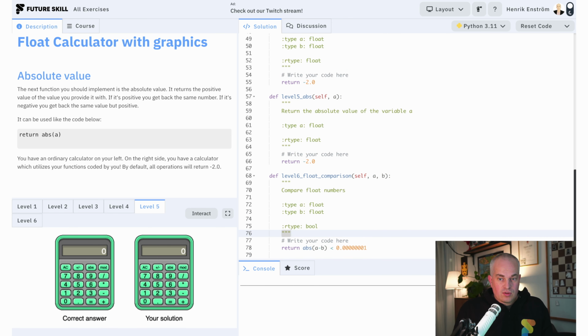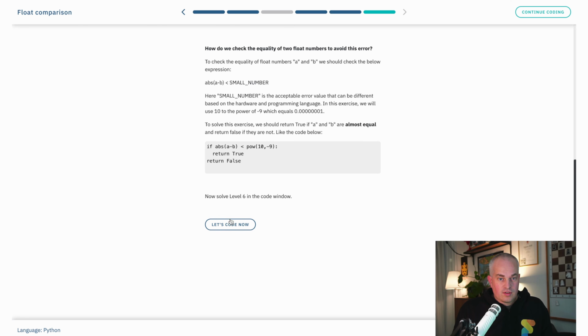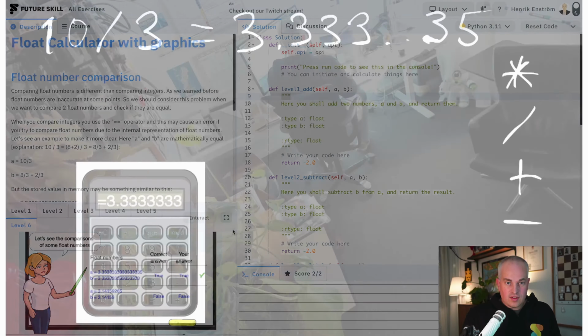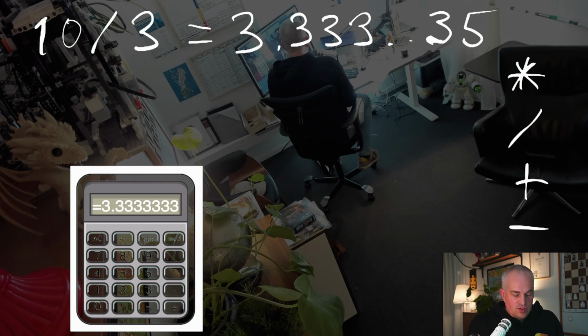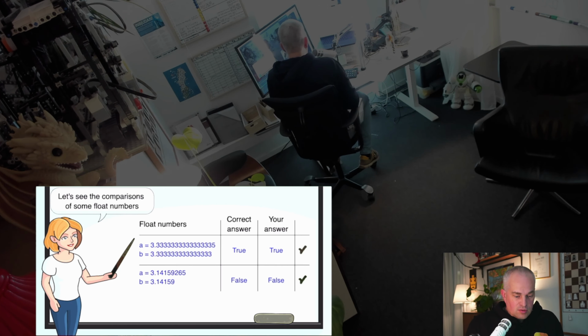And now let's go to float comparison. So I talked about that a little bit, that it's one of the things where it's tricky when it comes to floats. And why is it tricky? Well, we can see that in the image there, that in this first case, we want to compare two numbers, and they are virtually the same, but as you see here in the end, they are actually different. One ends with a 5, one just ends abruptly, and it's not relevant basically.